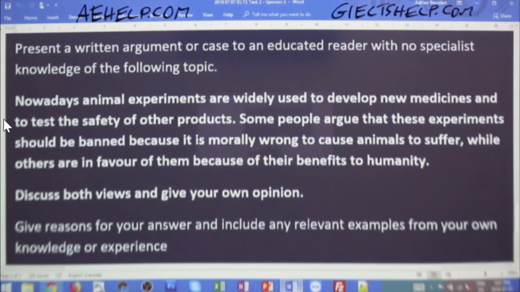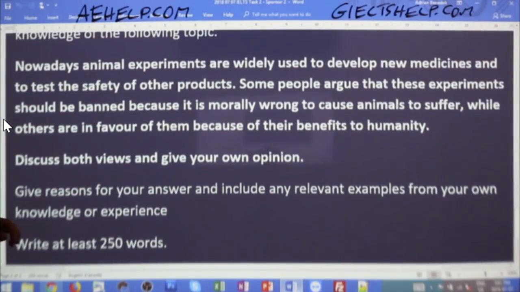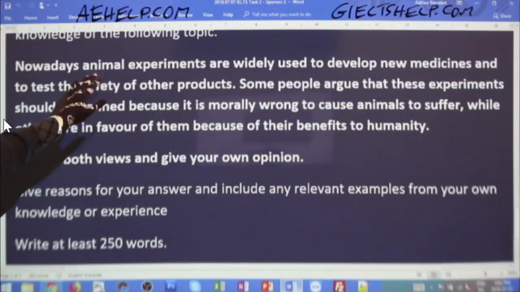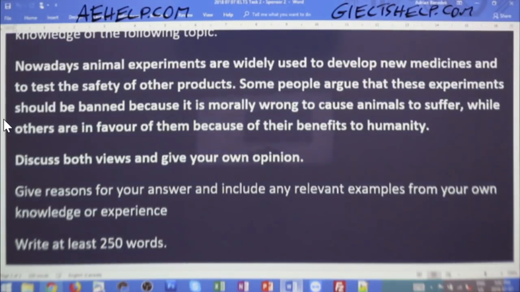All right, so here is the question that was submitted by Amanjot. Nowadays, animal experiments are widely used to develop new medicines and to test the safety of other products. Some people argue that these experiments should be banned because it is morally wrong to cause animals to suffer, while others are in favor of them because of their benefits to humanity.